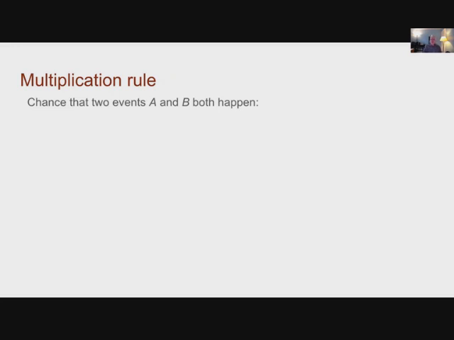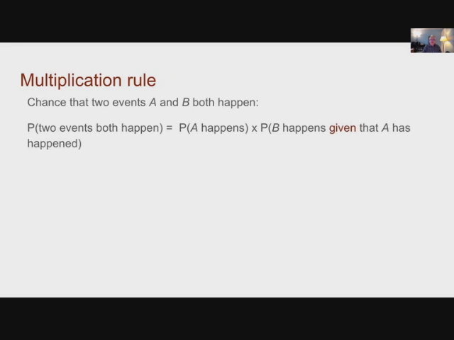The key words here are A and B. When we have 2 things that are going to happen, the multiplication rule comes into effect. To calculate the probability that both A and B happen, one way is to calculate the probability that A happens, which is some probability between 0 and 1.